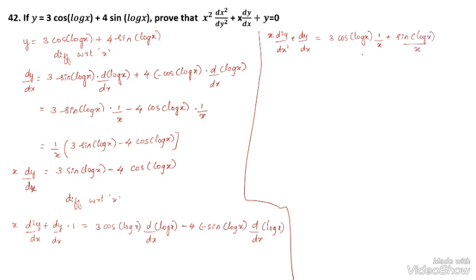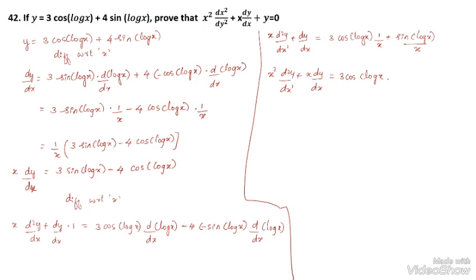So again I can take x as a common, that is x square d square y by dx square plus x into dy by dx is equals to 3 into cos of log x.